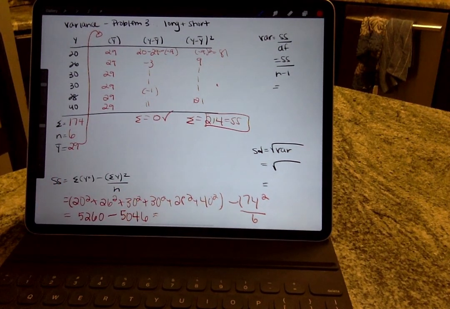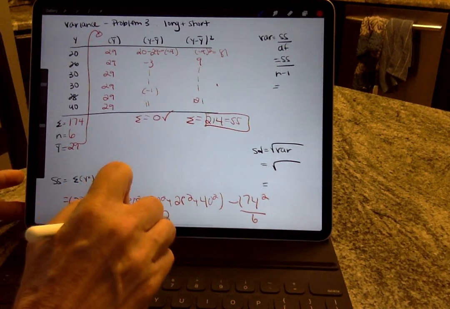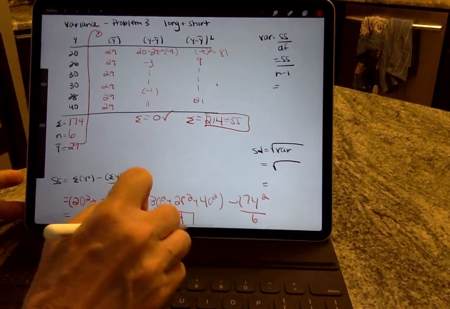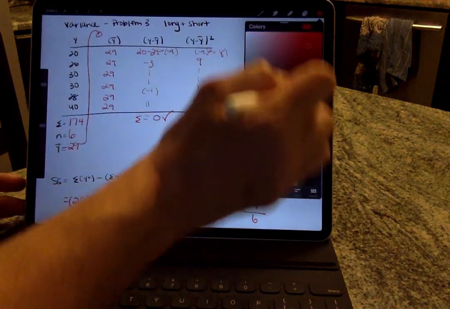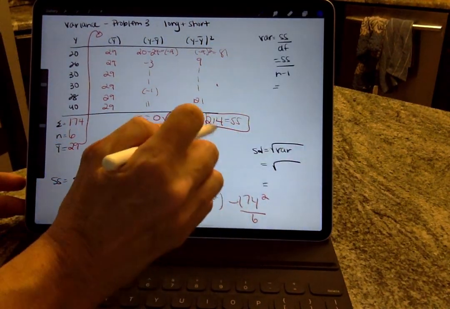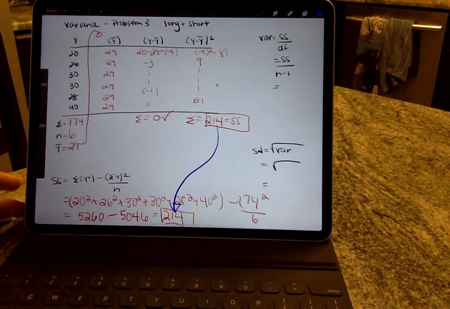And 5,260 minus 5,046 is 214, which is the same number we got when we did it the long way. So in the real world, you can do it either way. In this class, especially on an exam, I'm going to tell you for a specific problem which way I want you to do it.